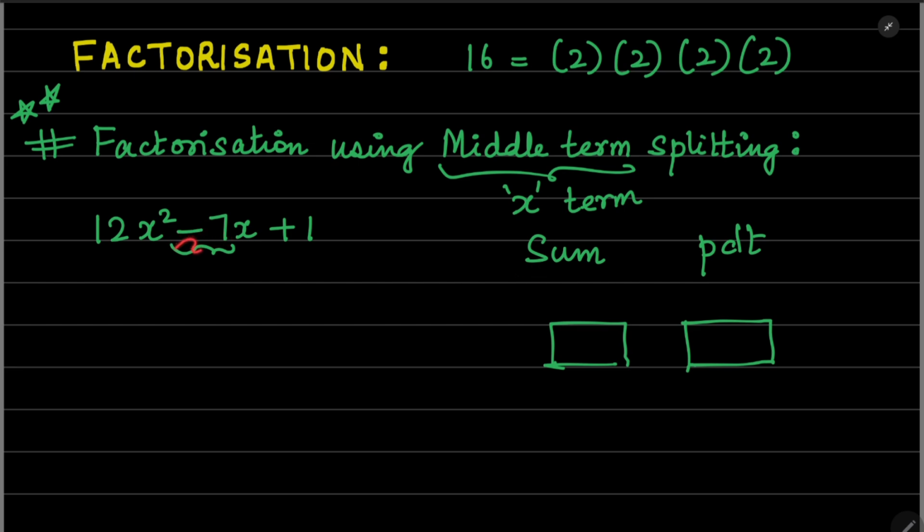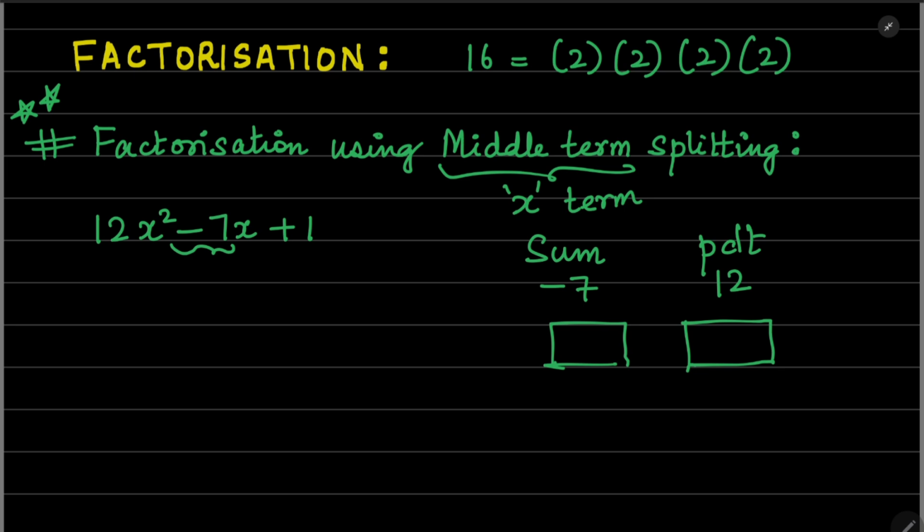The product is nothing but the coefficient of x square multiplied by the constant. In our case it is 12 into 1, which is 12. So you have to find two numbers whose sum is minus 7 and whose product is 12.